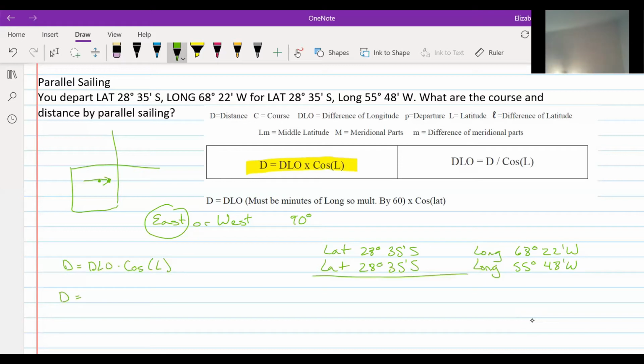So we need to find the difference of our longitude: 68 degrees 22 minutes minus 55 degrees 48 minutes.